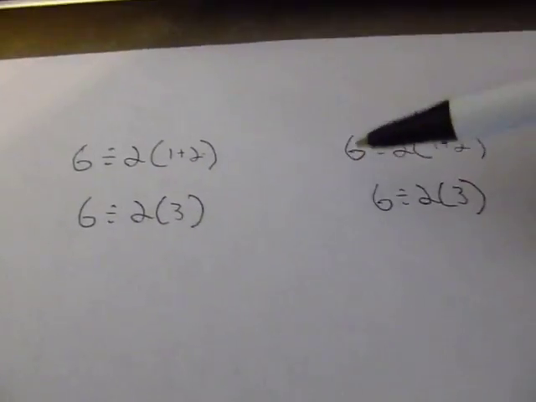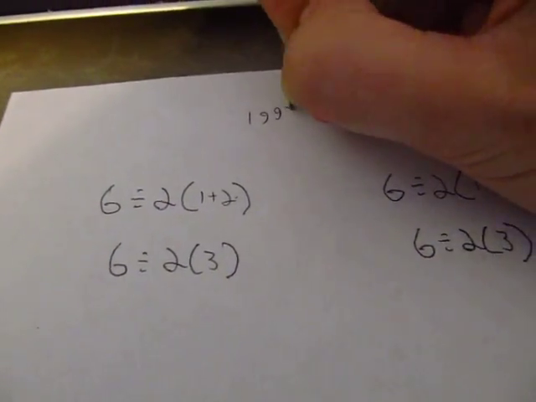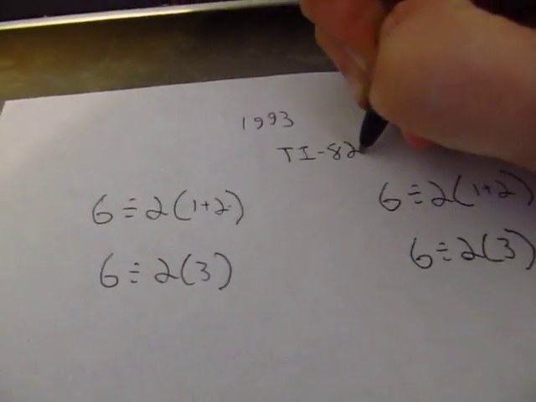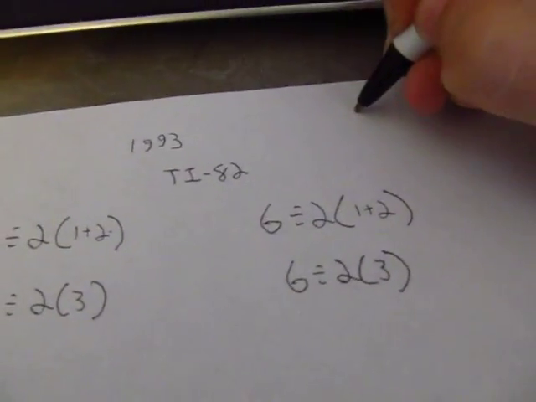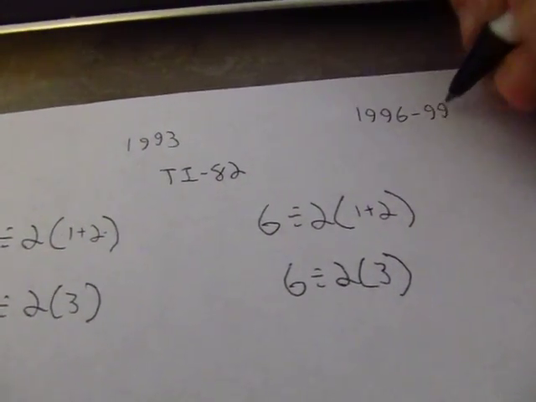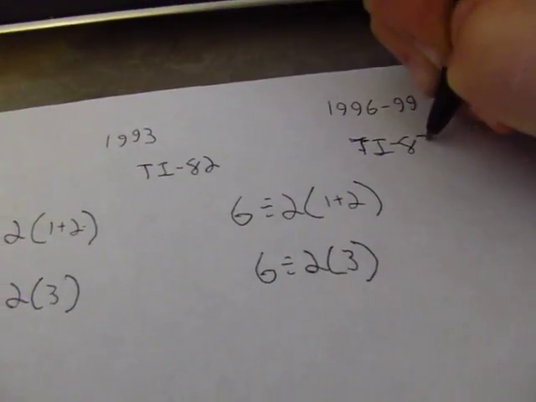Now, there were 2 calculators. One was in 1993, and that was the TI-82. And then we have the calculator from 1996 to 99, and that was the TI-83.